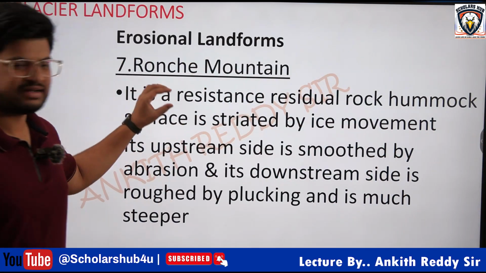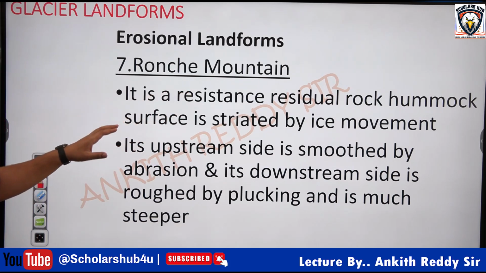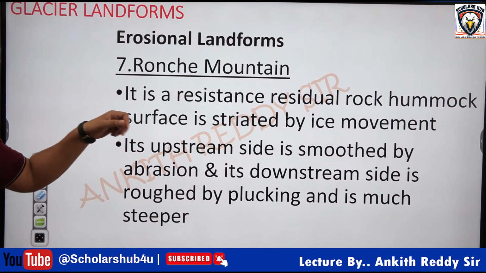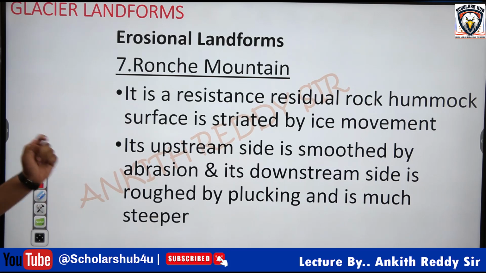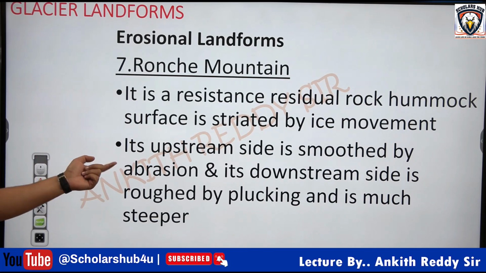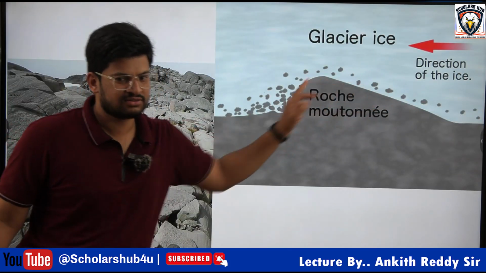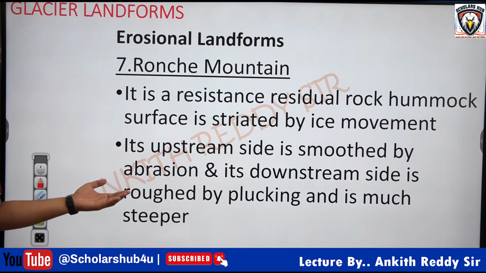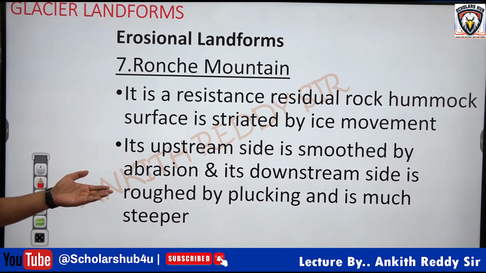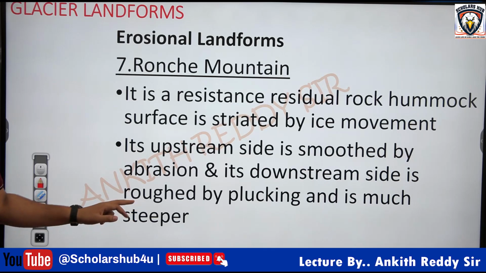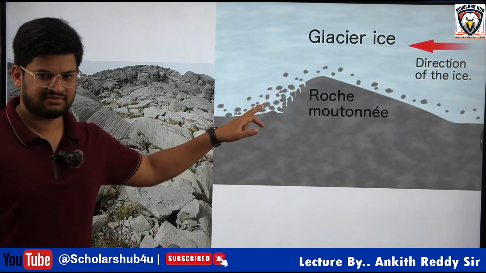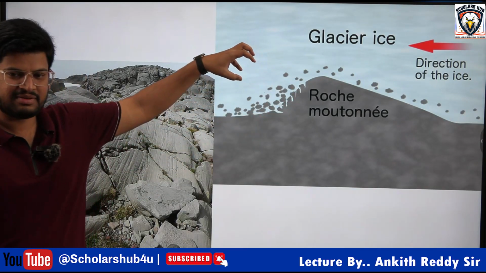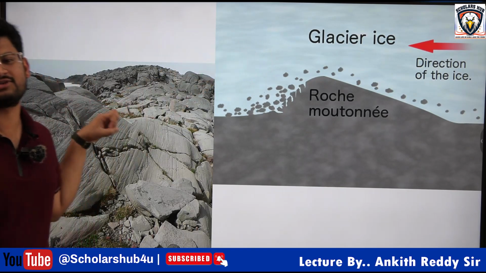It is a resistant residual rock. Striated means scratched by the glacier movement. The upstream side is smooth by abrasion, that is scratching, and its downstream side is rough, because the glacier plucks the debris and rocks there and carries them away.